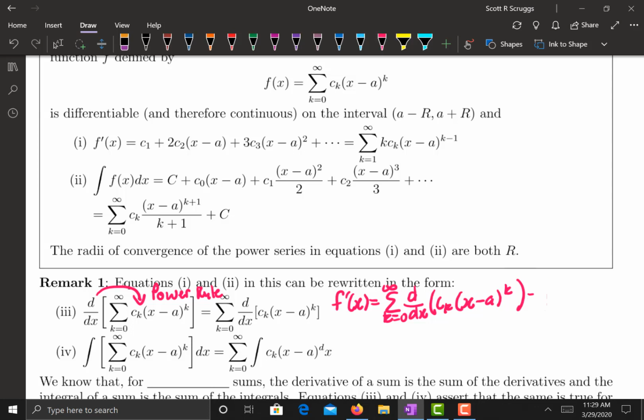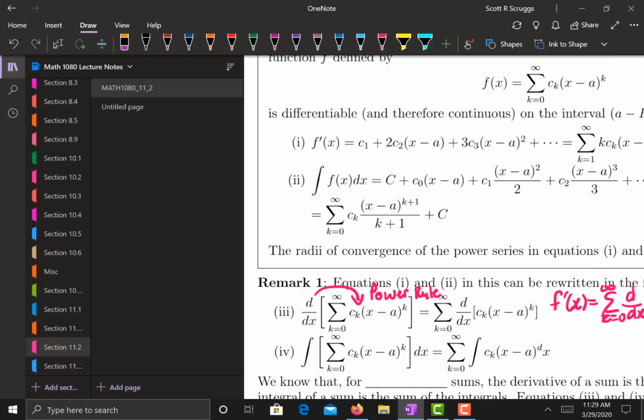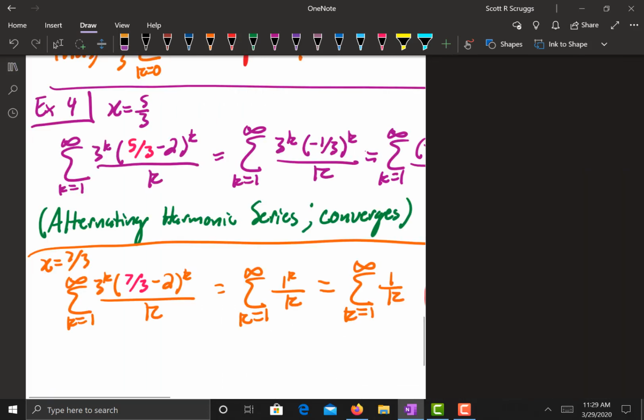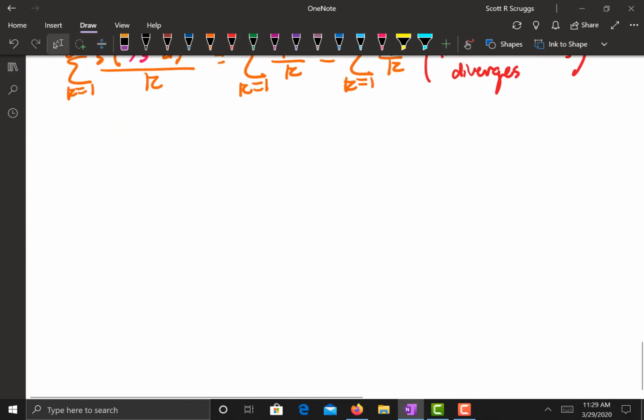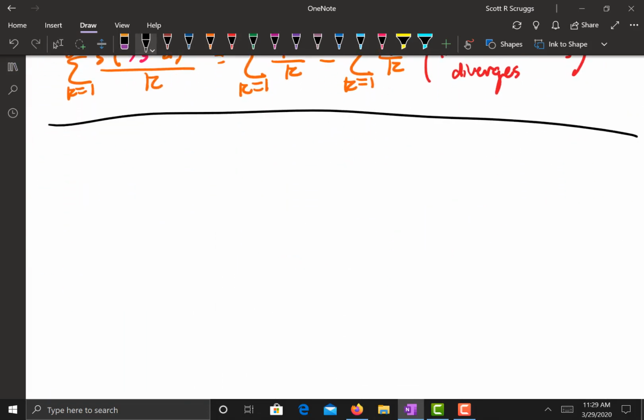Let's actually go on the other page to expand that to make more clear what I'm trying to do. So the derivative, I can now rewrite that as taking the derivative of each term in my power series, c_k times (x minus a) to the kth power.